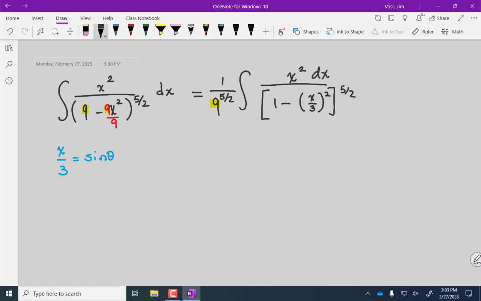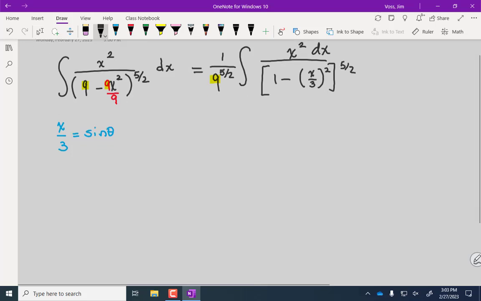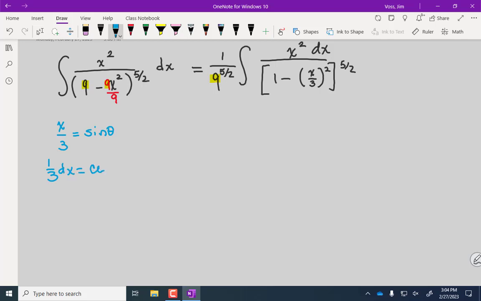Okay, so that's a 5/2 power in the denominator. Now let's put the dx up there. So x over 3 is sine theta. Then we take the derivative of both sides of that substitution step. The derivative on the left is 1/3 dx, and on the right, cosine of theta d theta. When we look at that 9 to the 5/2, we should see that as the square root of 9 to the 5th. The square root of 9 is 3.